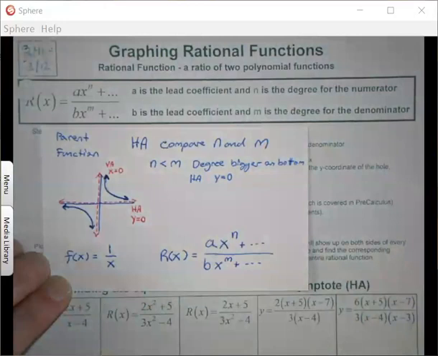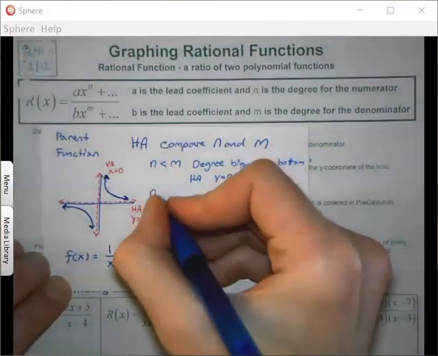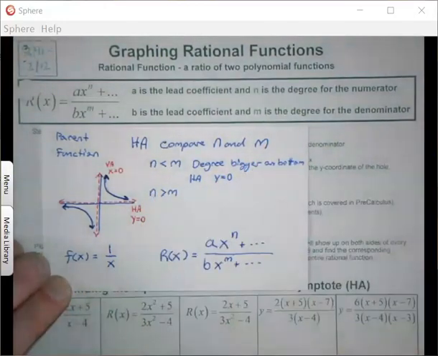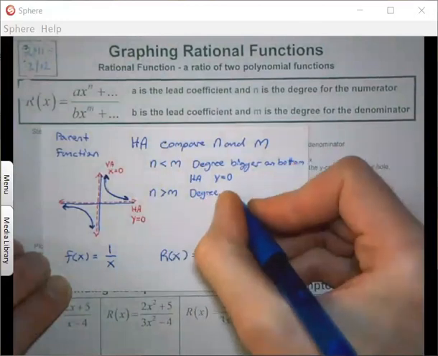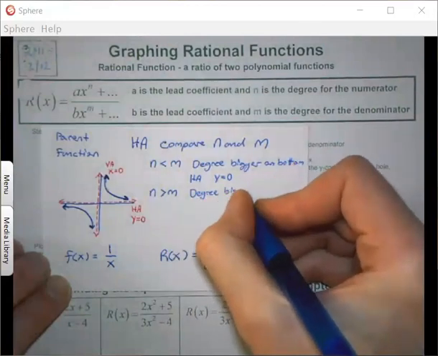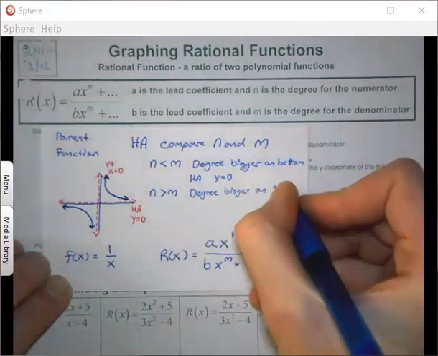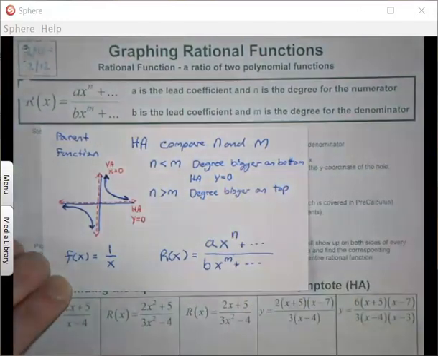Now, another possibility, n could be larger than m, so the degree could be bigger on top. Now, in this case, we would actually have what's called a slant asymptote, but that's not something we're going to cover until pre-calc.